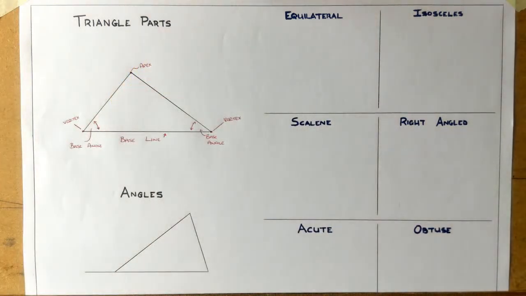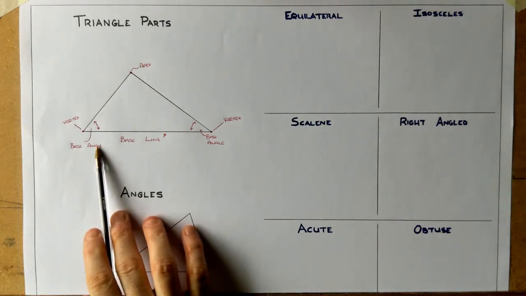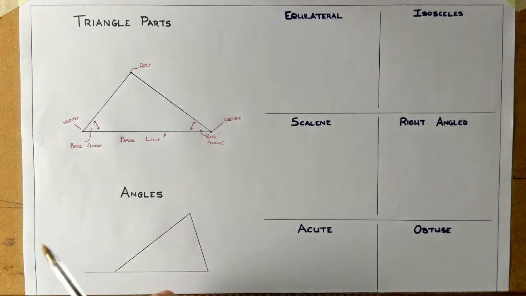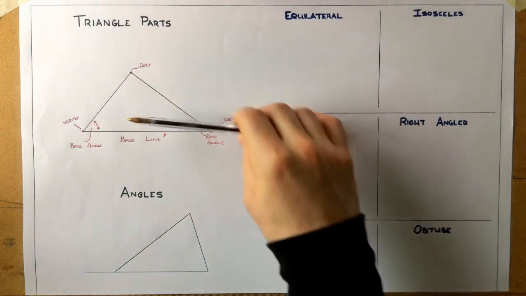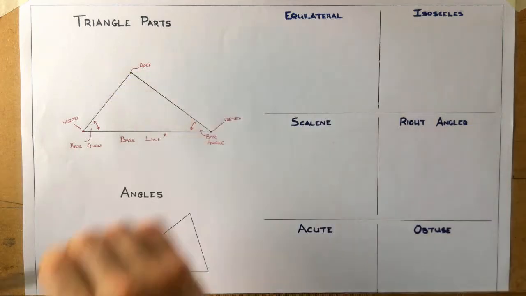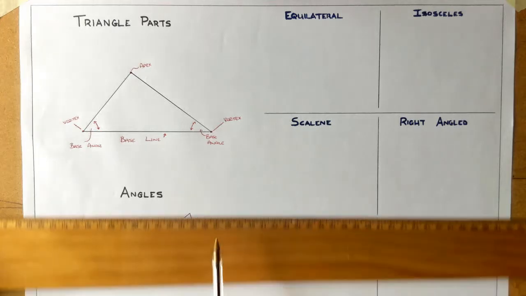So far we have a baseline, base angles, vertex, and apex. Now, often when we associate with triangles, what we call the height, from the baseline up to the apex, is known as the altitude. So I'm going to write that in out here.